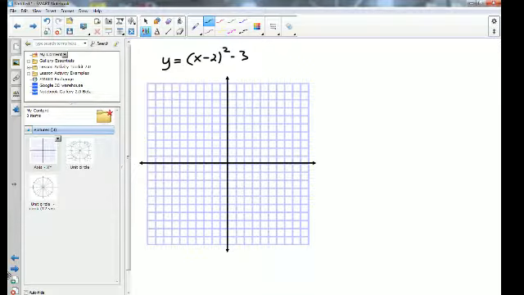If I give you a function, you can graph that pretty quick, right? What do I translate? 2 right, 3 down. Here's my vertex.